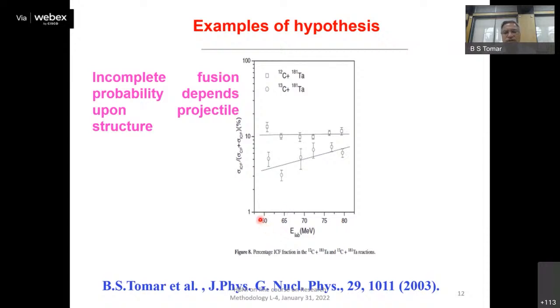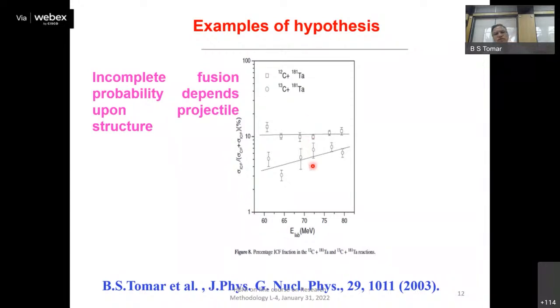What I plot here is projectile energy and the fraction of incomplete fusion with the total fusion cross-section. So you see here, carbon 12 has a higher cross-section than carbon 13 at the same energy of projectile, and it is statistically different. The error bars for carbon 13 and carbon 12 are shown. So this is testing a hypothesis that yes, incomplete fusion probability indeed depends upon the projectile structure.